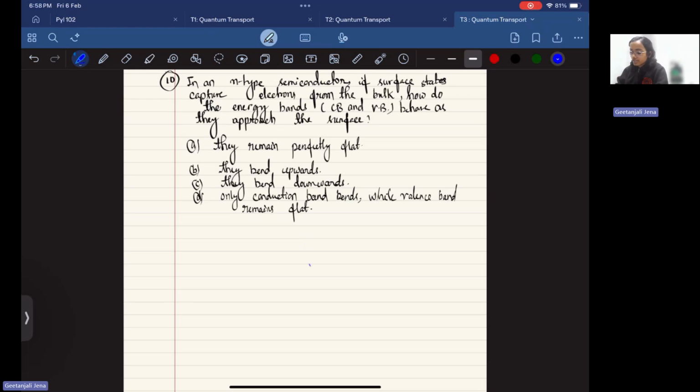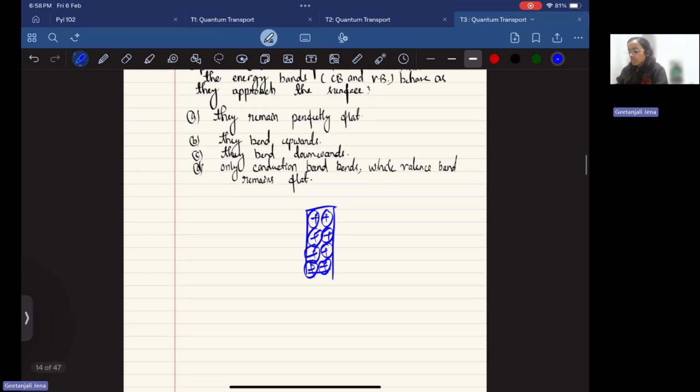So what will happen? A depletion region will be created at the surface because of the charge carriers, and this depleted region will increase the potential of the system at the surface.